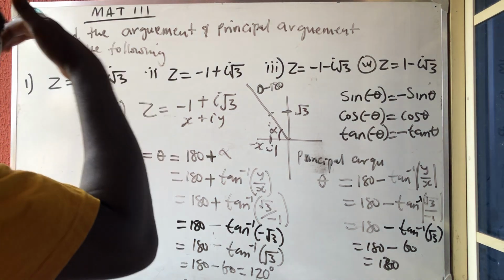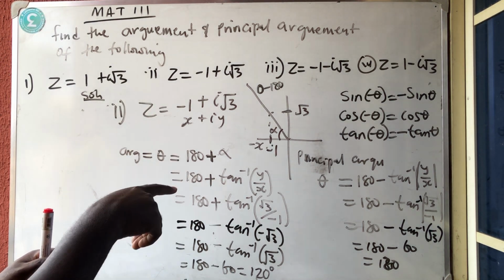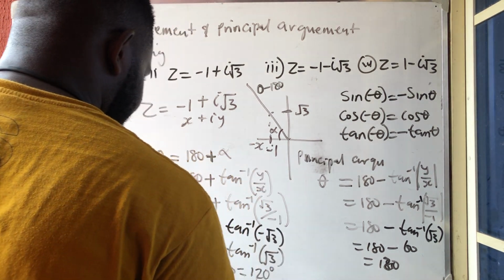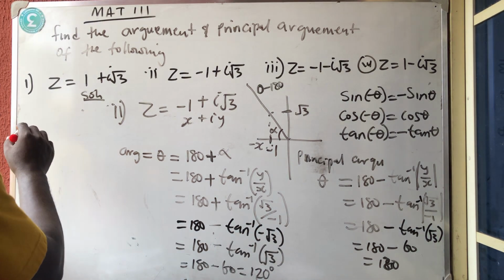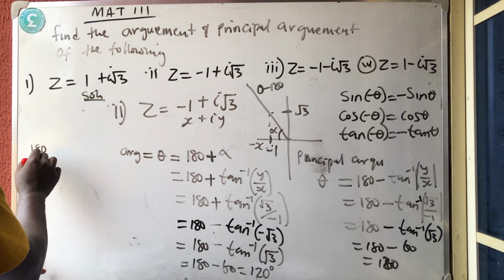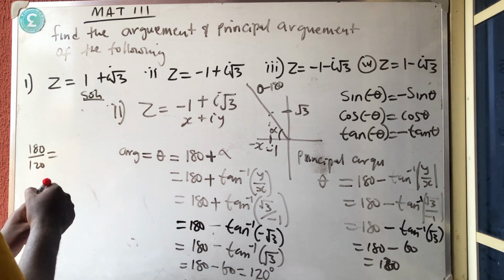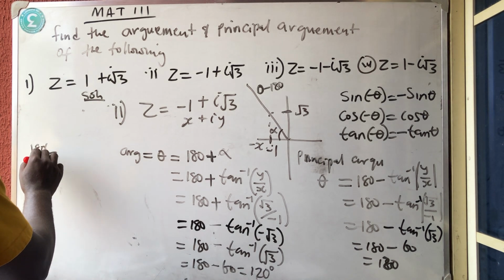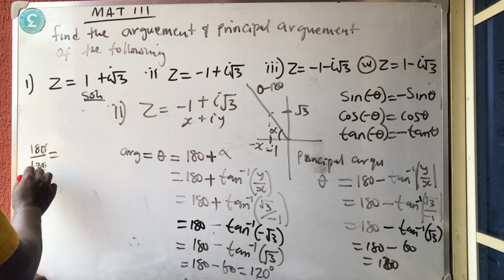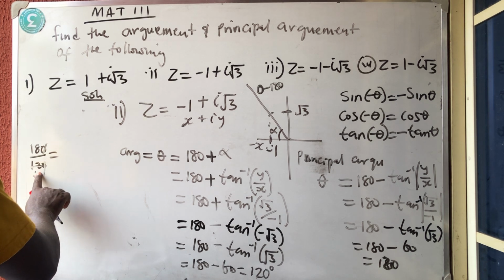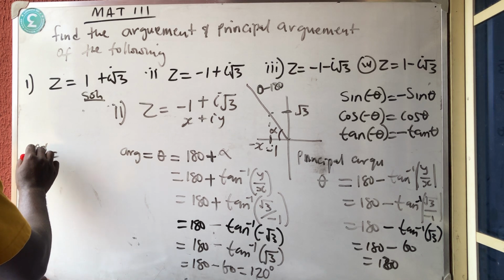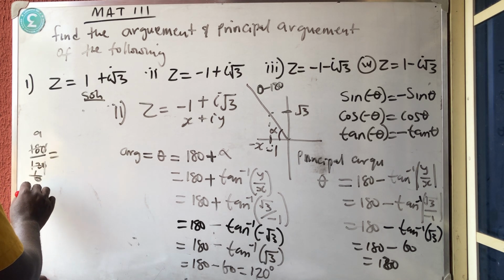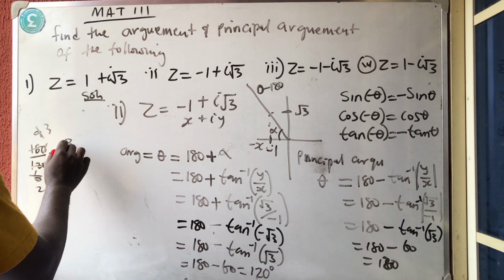You can put it in terms of pi by saying 180 divided by this thing and turning it upside down. Okay, so let's put it in terms of pi. I can say 180 divided by 120. So what do we have? I'm having 3 over 2.